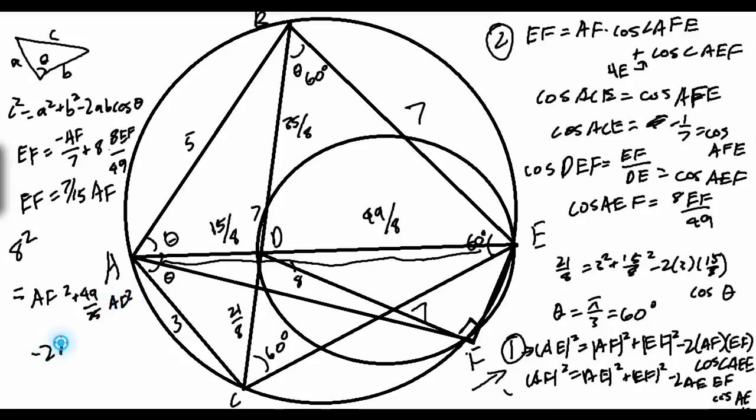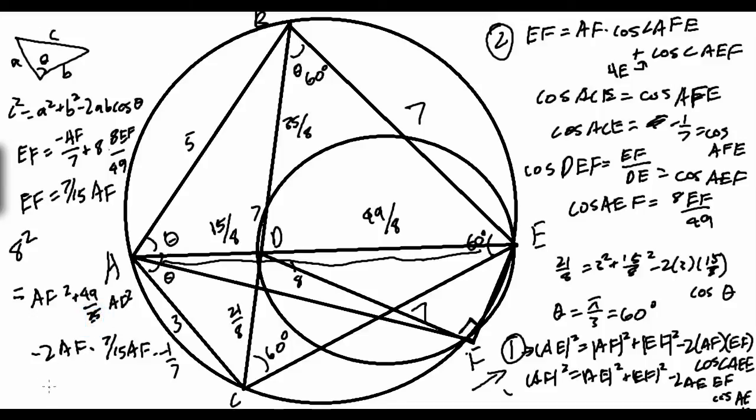So 64 equals AF squared plus 49 over 225 AF squared minus 2 AF times 7 over 15 AF times negative 1/7.